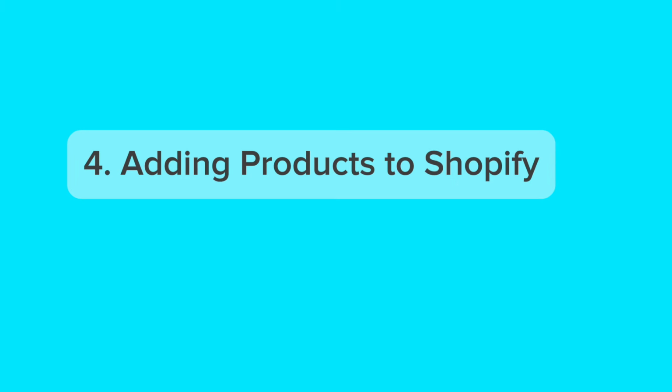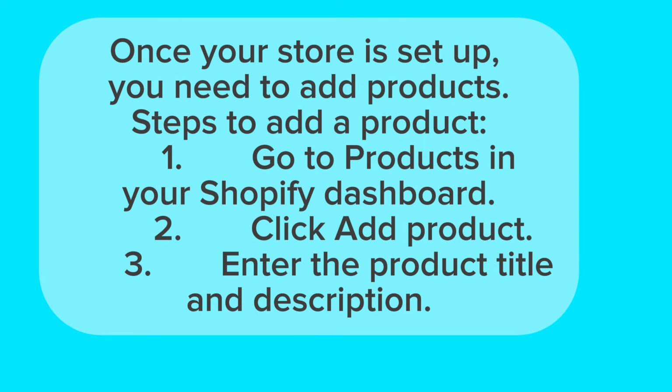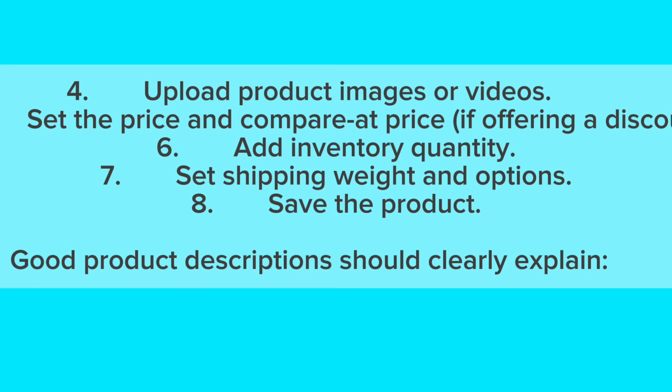4. Adding products to Shopify. Once your store is set up, you need to add products. Steps to add a product. 1. Go to Products in your Shopify dashboard. 2. Click Add Product. 3. Enter the product title and description. 4. Upload product images or videos. 5.